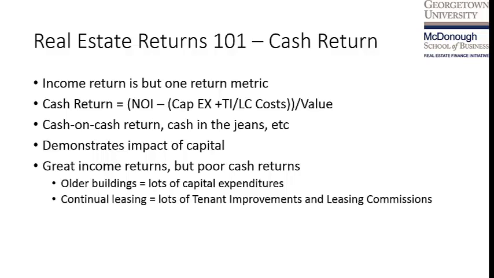There are a lot of capital expenditures associated with owning older buildings. Or you could have a building that's not entirely leased, so you'll have a lot of tenant improvement and leasing costs associated with bringing the building to a stabilized level.